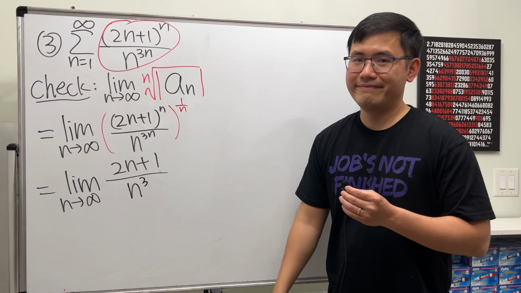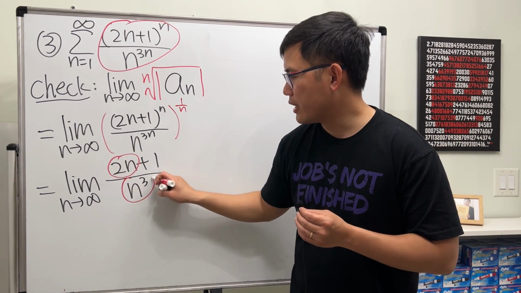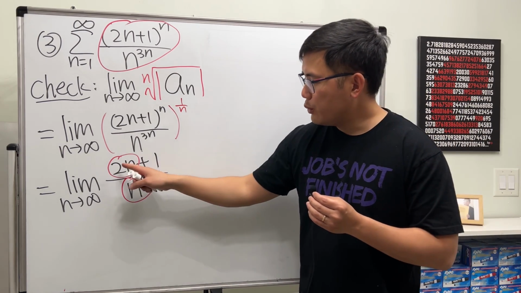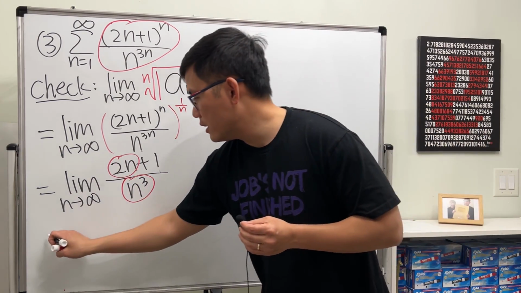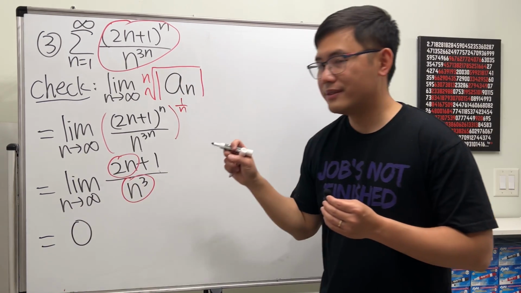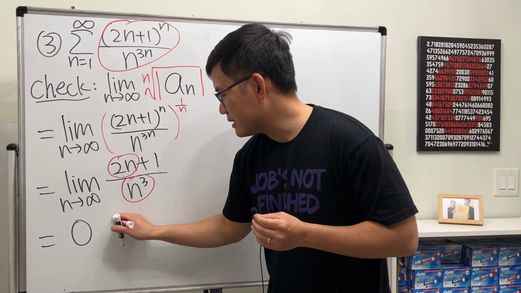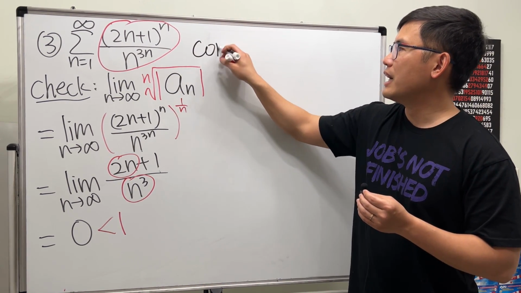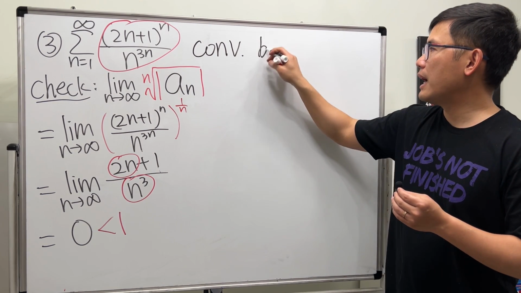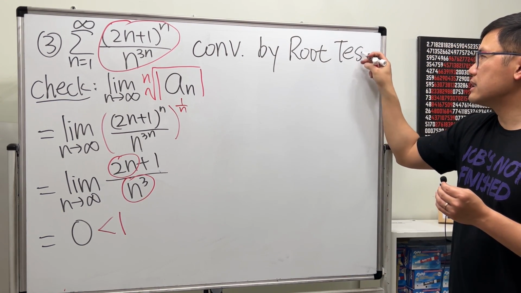Now, as n goes to infinity, you care about this, you care about that. It reduces to 2 over n squared, and as n goes to infinity, we get 0. And for the root test, as long as the limit is less than 1, we get to draw a conclusion that this right here converges by the root test.